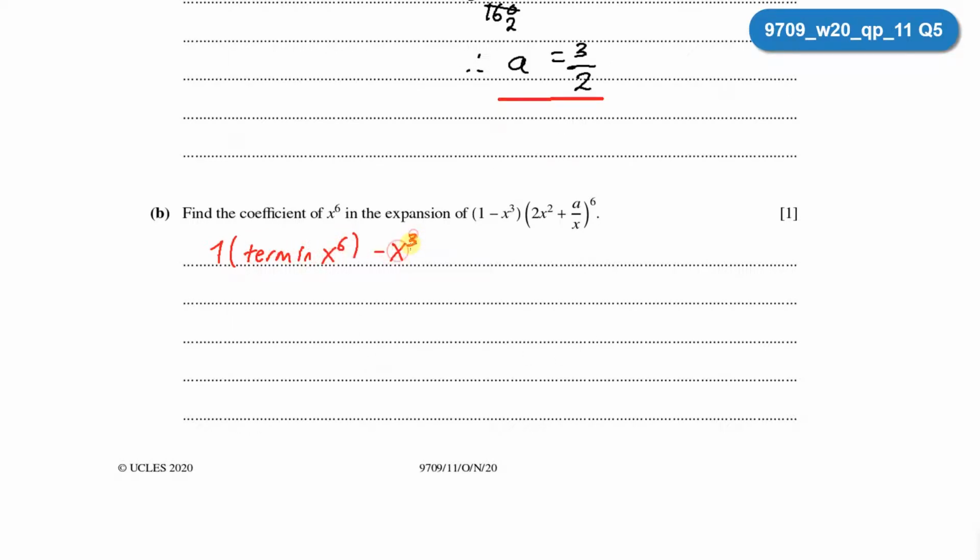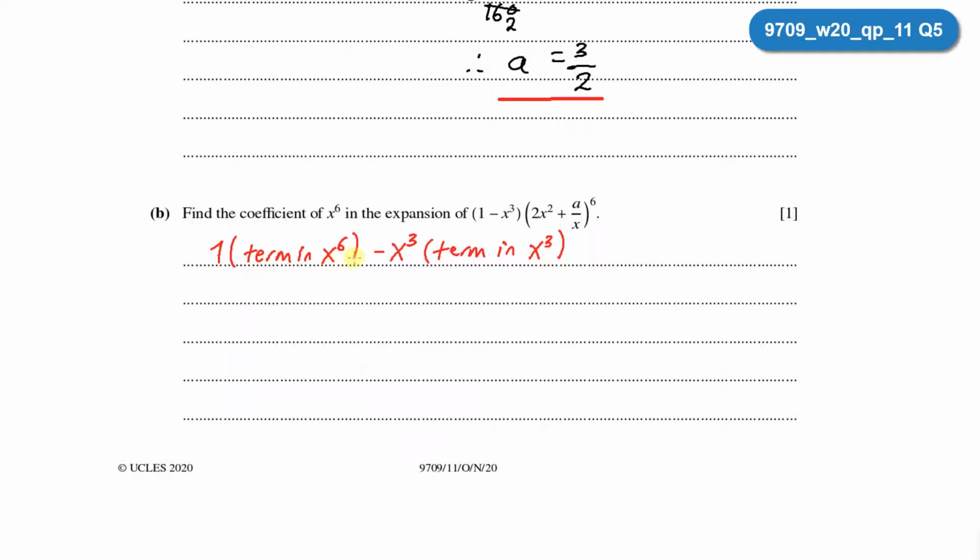Minus x cubed will also multiply the terms in the binomial expansion. And for us to get a term in x to the power of 6, x cubed must multiply a term in x cubed. So this is what's going to give us a term in x to the power of 6, from which we can take the coefficient.